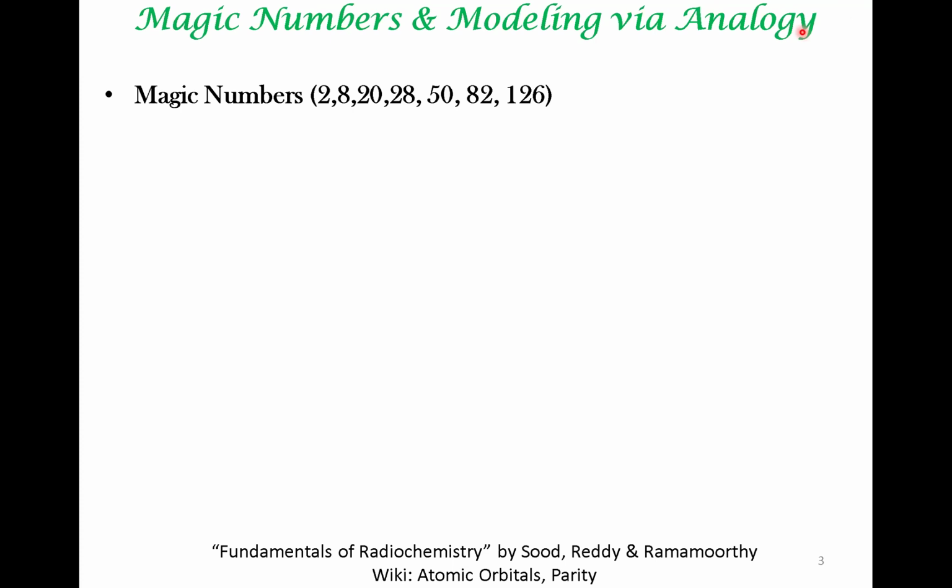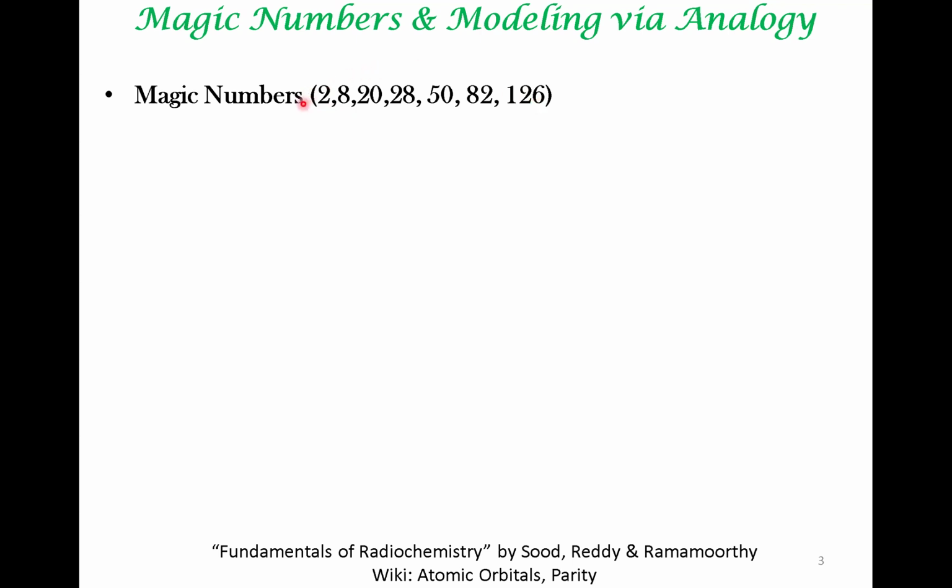So, what is the central issue here? The central issue, in a way, is about magic numbers. Why are some atomic numbers and atomic weights favored? For example, if the atomic number is the following, or if the number of neutrons has these values, then such a nucleus is much more stable.